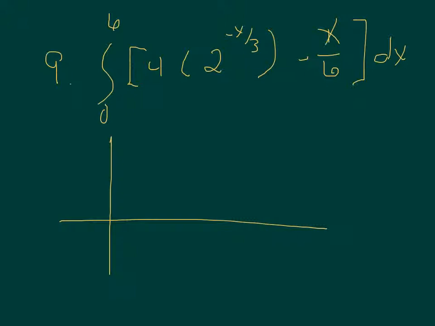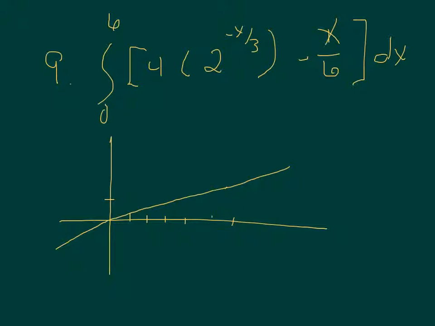So it looks something like that, except it's straighter. And 4 times, we'll worry about the 4 in a minute, 2 to the negative 1/3 x.